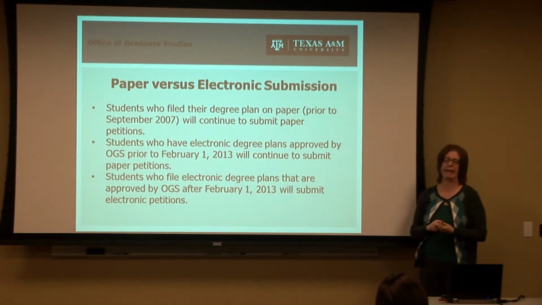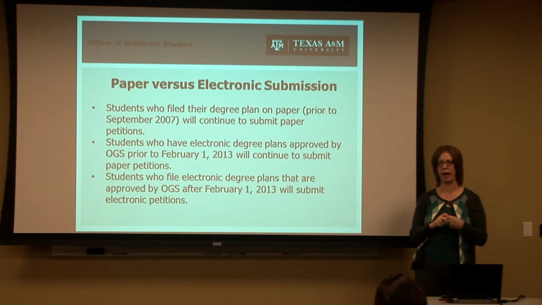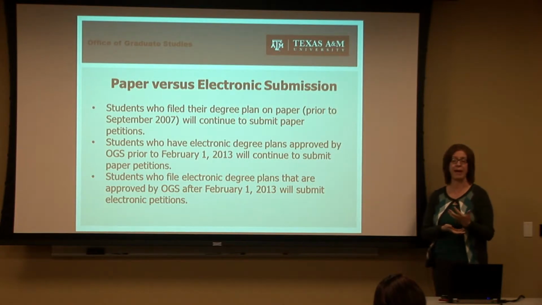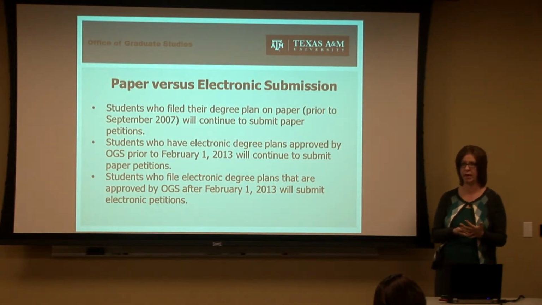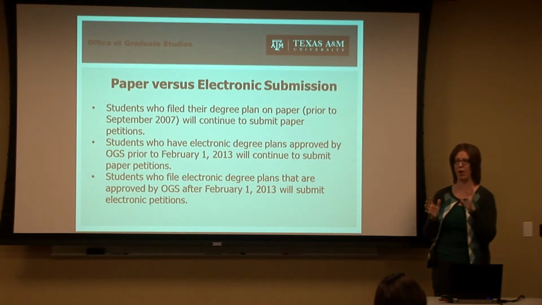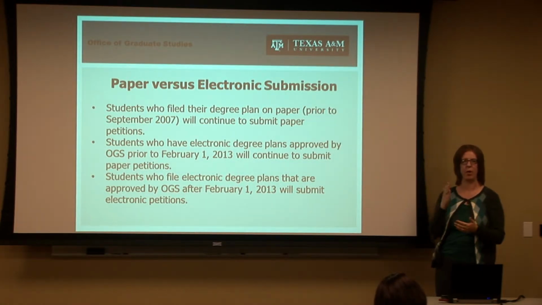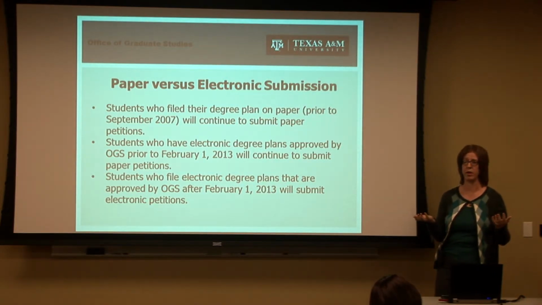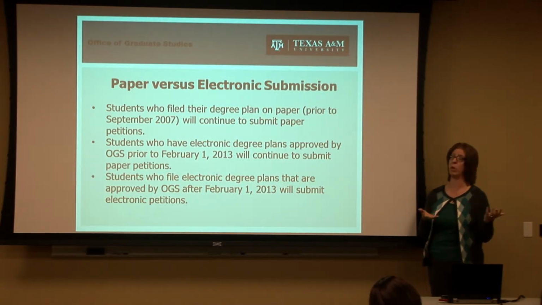But the second thing is that if a student has submitted a degree plan that was submitted and approved prior to February 1st of 2013, and they've made no changes to it, it's going to be okay for them to go through the electronic system. But there wasn't really a way, so we're going to also need the pre-committee staff approver, because, for example, we have about 250 degree plans that we've approved in the last week.